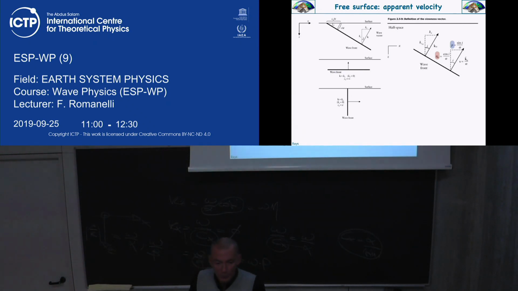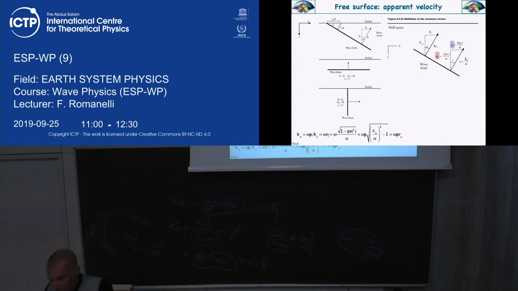Okay, now it's time to put these names into action. Because now we can write the k's in many different ways. What about kx? It will be omega times p, full stop. What about kz? It will be omega times eta. Wait a second, we can write it in a different way.